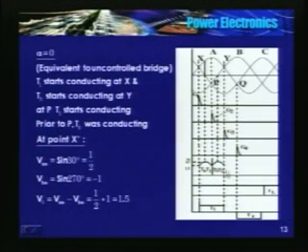Each phase supplies power for 240 degrees. See here, T6 T1, T1 T2. Now there is a sequence: T6 T1, T1 T2, and in this region it is T2 T3, because T2 is conducting, T3 gets triggered here, and from here T3 T4. That is why we have numbered as 1, 3, 5 in the upper half and 4, 6, 2 in the lower half.